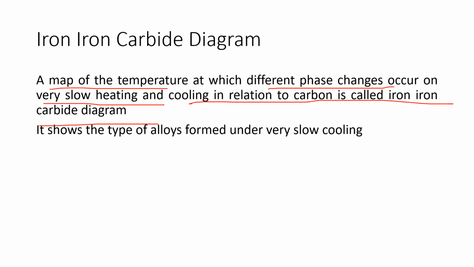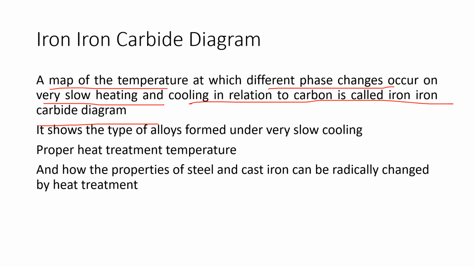It shows the type of alloys formed under very slow cooling. We do proper heat treatment, and we will study how the properties of steel and cast iron can be radically changed by heat treatment.